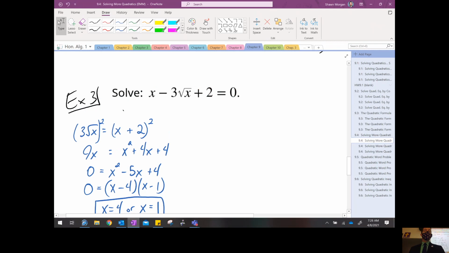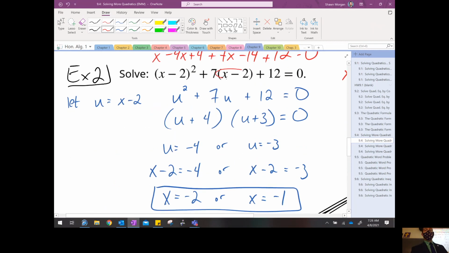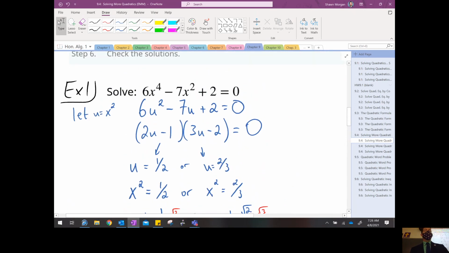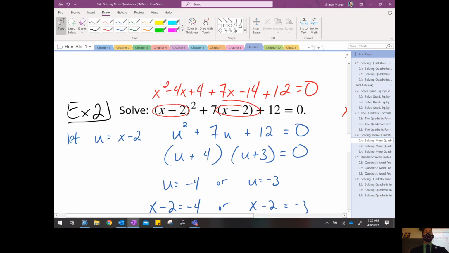So like in example 2, we let u equal that quantity right there, that u minus 2. In example 1, we said, okay, x squared, and then x squared squared, so x squared showed up a couple times. In other words, it shows up in that middle term, right?